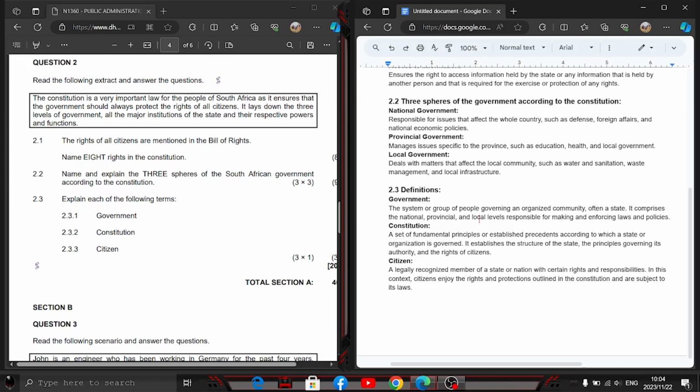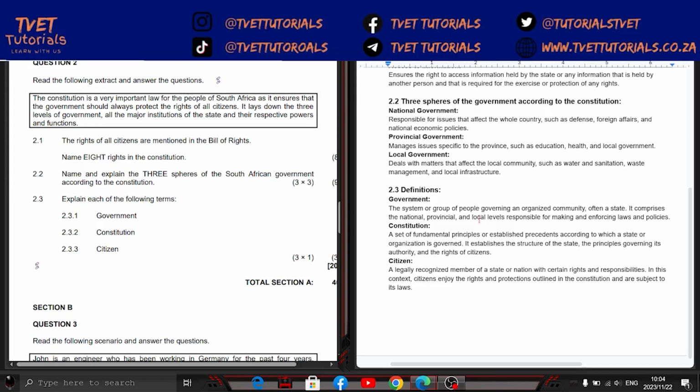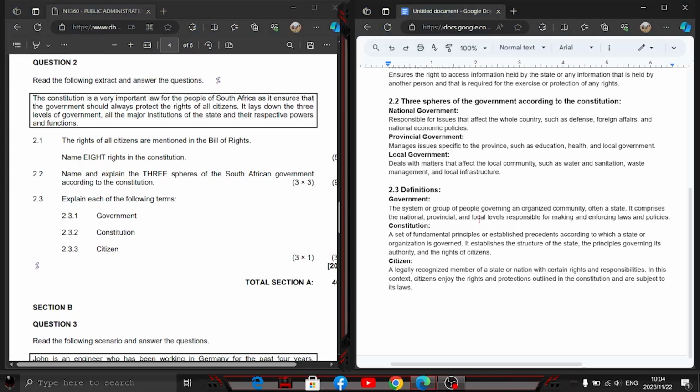You understand? And in this instance, the government is that person. So it's a system or group of people who are basically managing the day-to-day businesses of the country, making sure that the country functions.